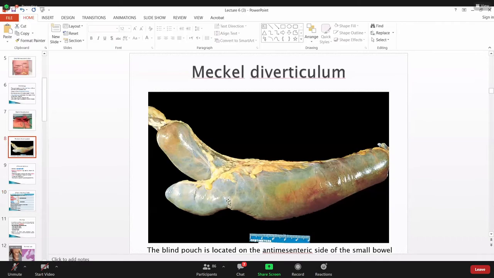This is an excised Meckel's diverticulum. We remove a part of the small bowel with its ends, and we remove the Meckel's diverticulum. It has to be excised because, as we said, it's a source of infection and of gastric juice production, so it causes ulceration and other complications. So it must be removed. Okay, thank you.